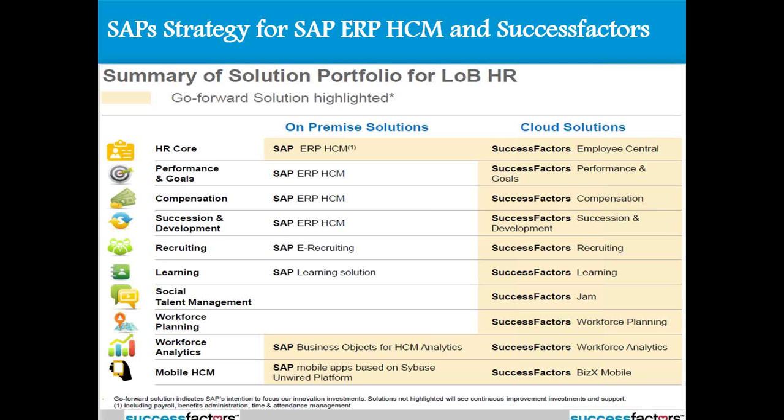But the non-highlighted modules like performance, goals, compensation, succession, recruiting, and learning will not see any innovations as such, but support will be provided to the customers who are currently using them.